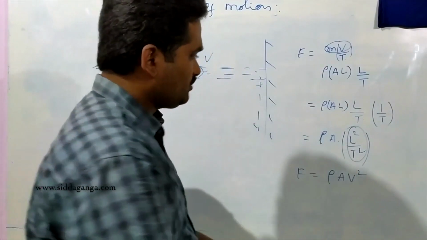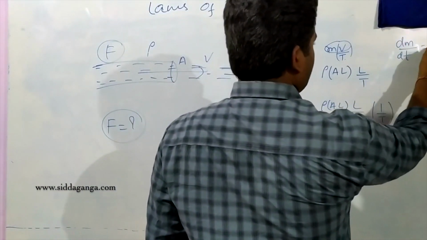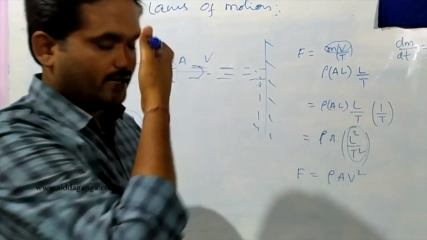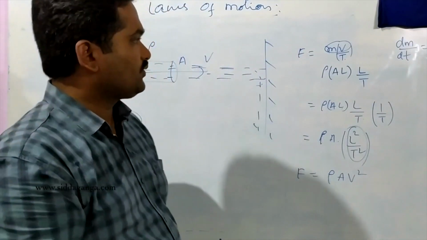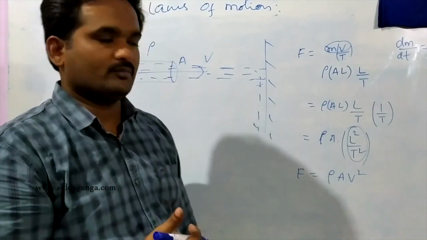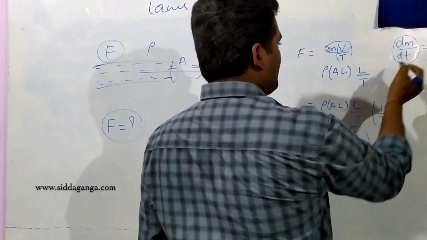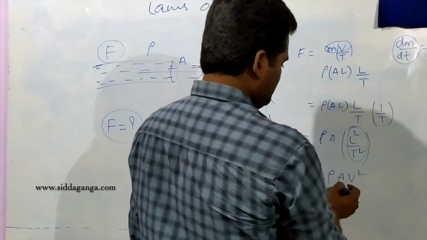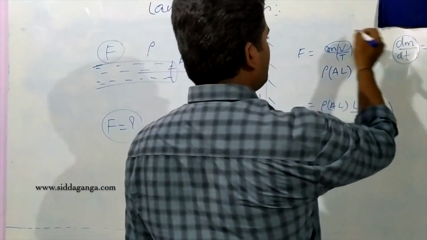In this, one more term you remember: dm by dt is nothing but the rate of change of mass. How do we write it in terms of density, area of cross section and velocity of the fluid? In fluid mechanics, we are supposed to have this relation. Force, we have written as rho A V square. This dm by dt means mass by time.